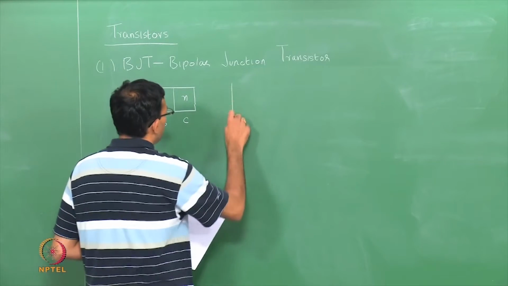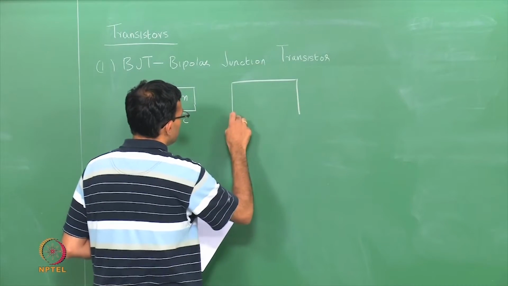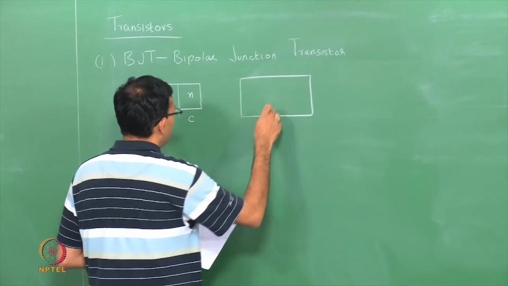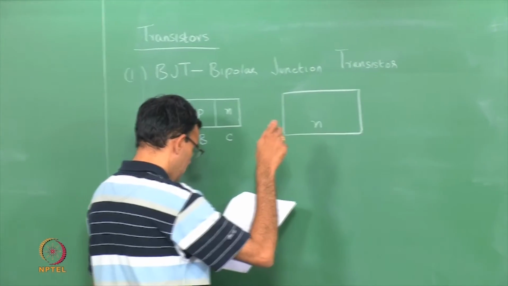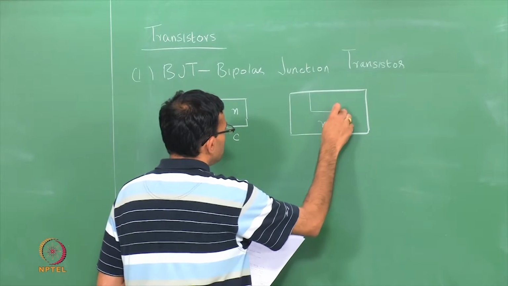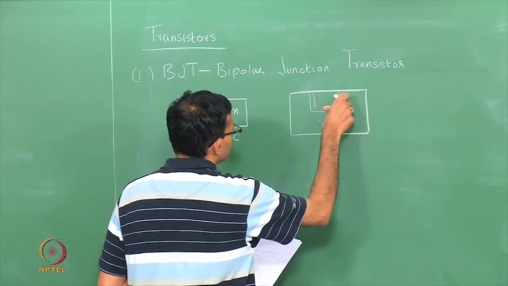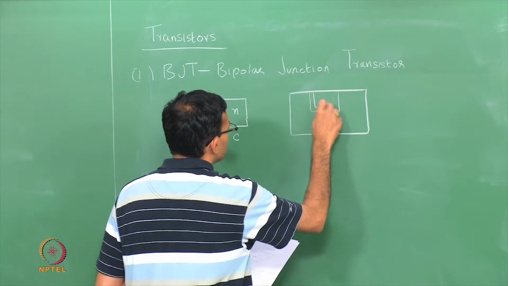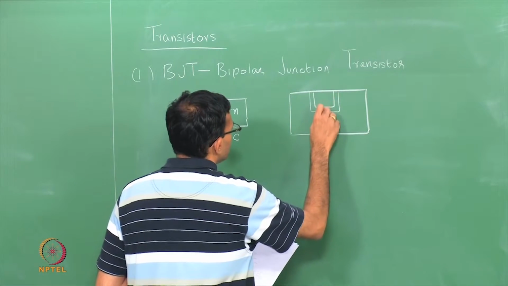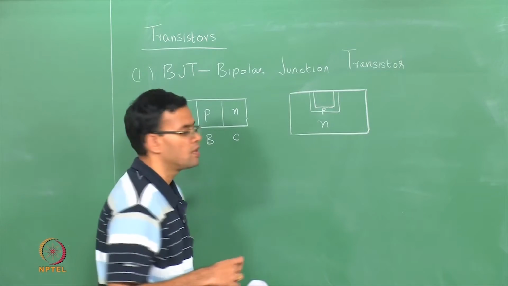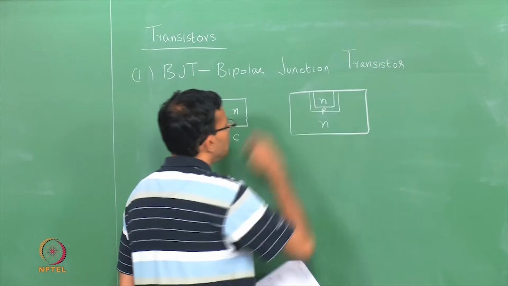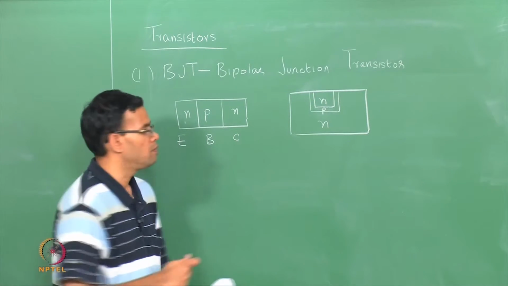So, if you were to draw the configuration of this, start off with an N type, you dope a region so that it is p type, and then you again dope so that you have an n type.